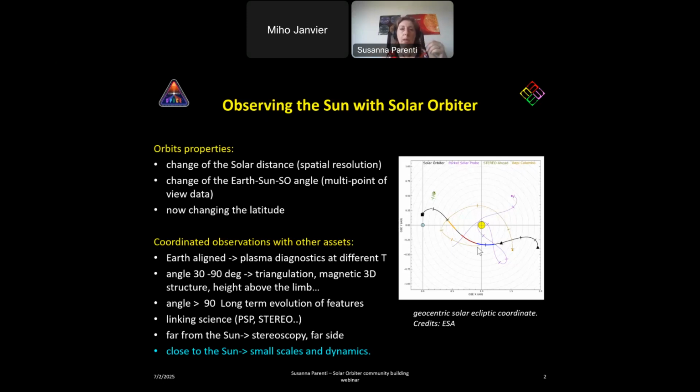And now, since a few months, we leave the ecliptic, so we are also changing the latitude, going up in latitude. Of course, Solar Orbiter has its own science goals, but now we are doing coordinated observations, depending on the configuration, to increase our science outcome.